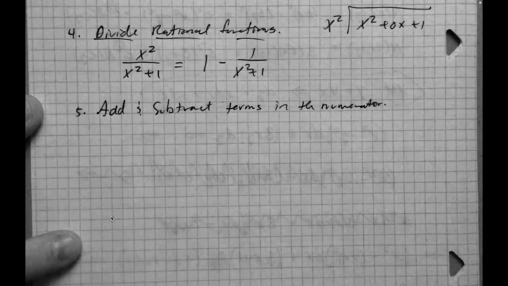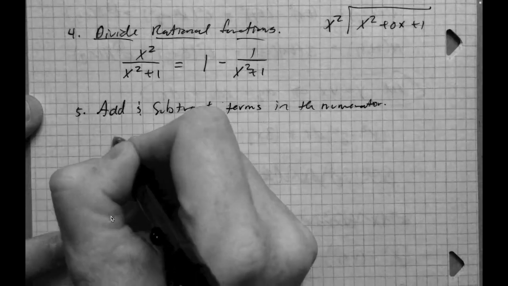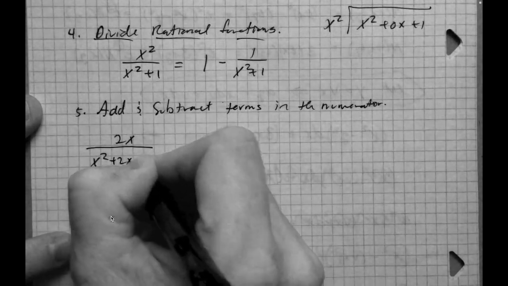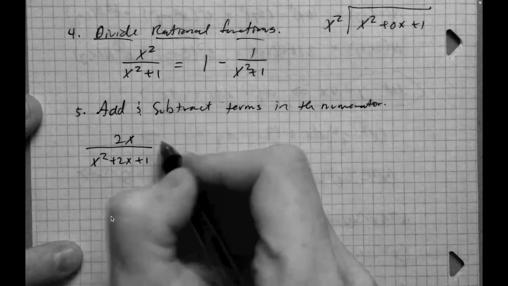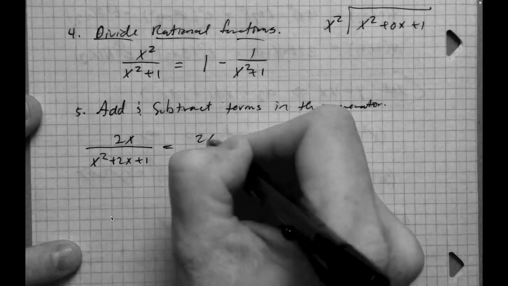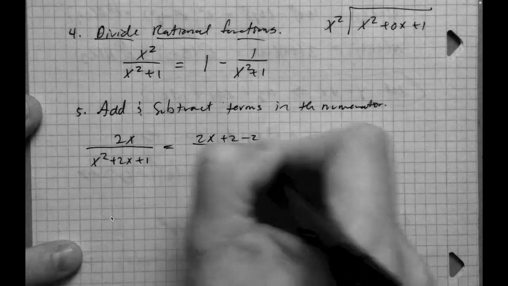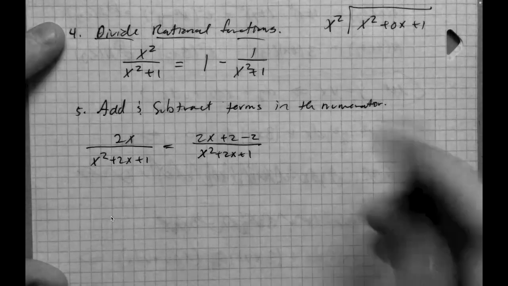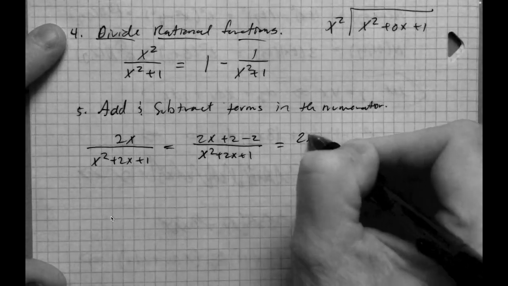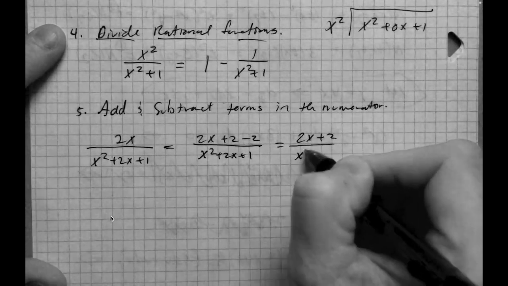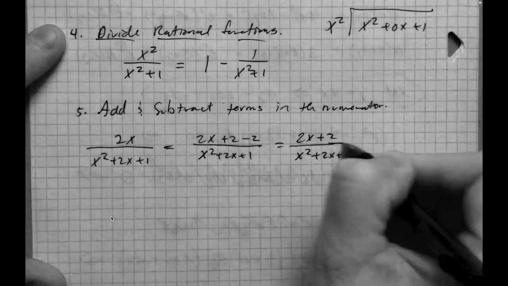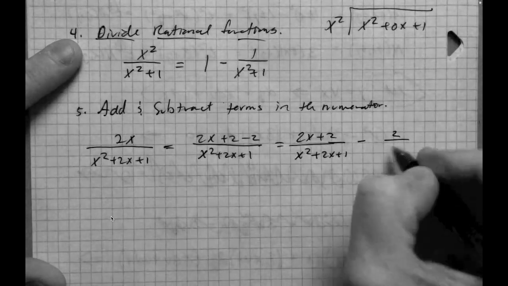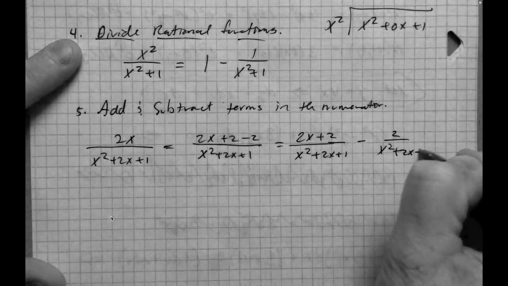For example, if I have something like this, if I do 2x plus 2 minus 2 up top, then I can rewrite this as 2x plus 2 over x squared plus 2x plus 1, minus 2 over x squared plus 2x plus 1.